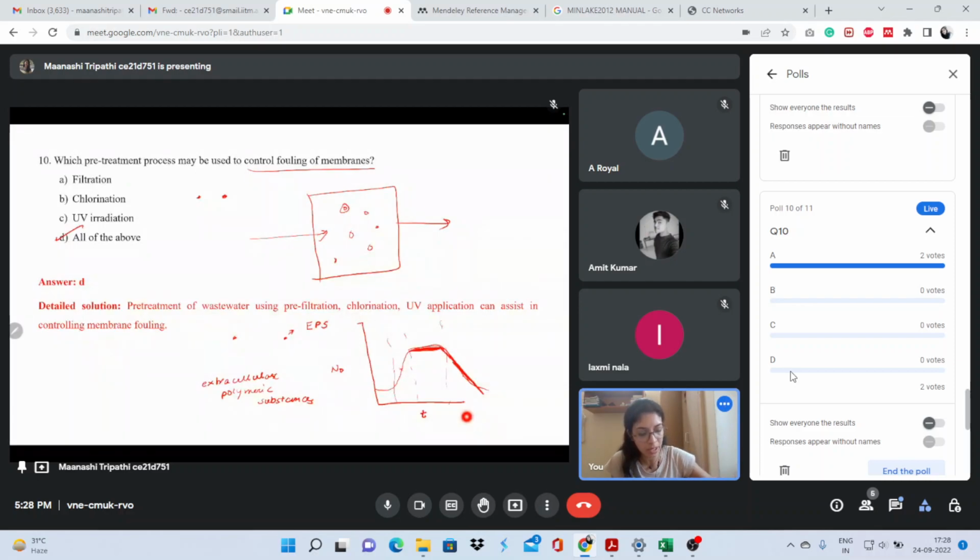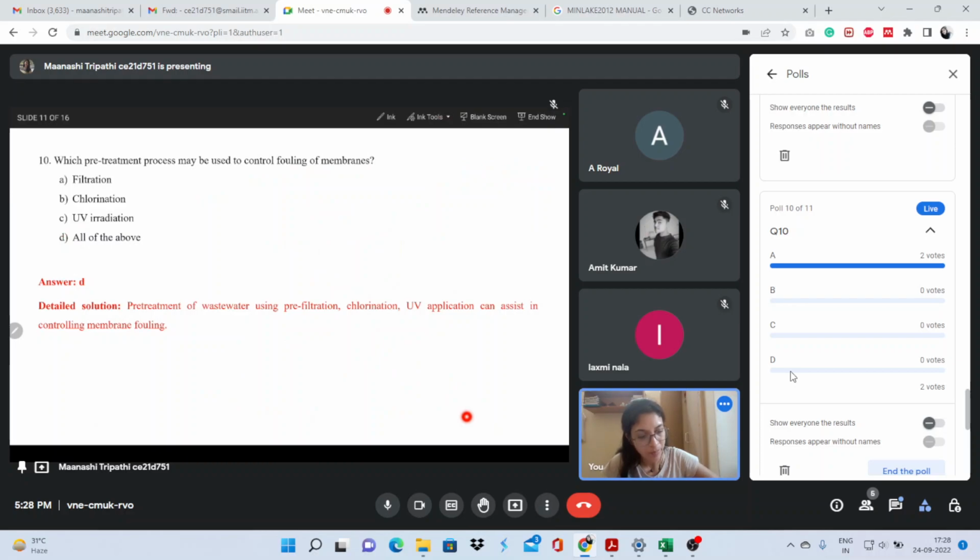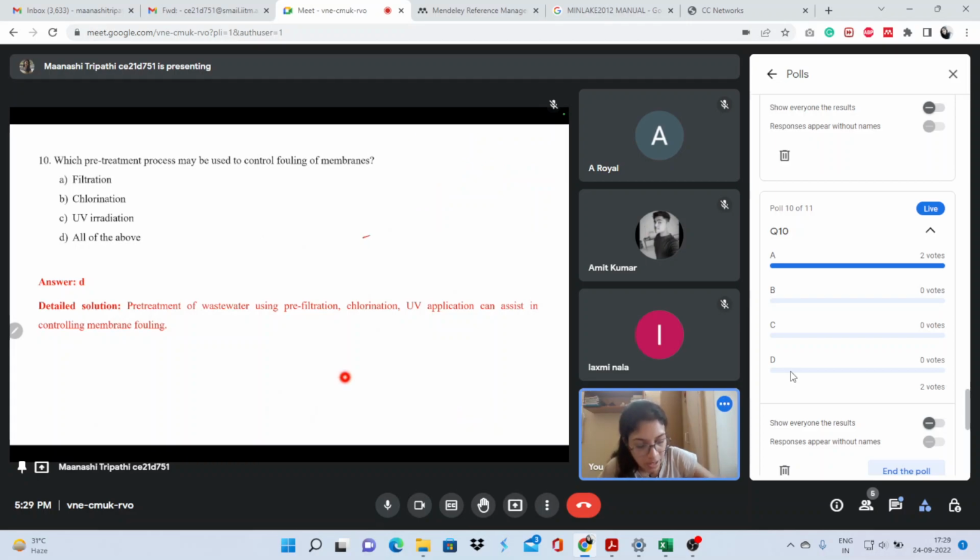So fouling is basically of these types. I'll show you. Just imagine this is your membrane pore. Fouling can be a bigger particle that will clog the pore like this.